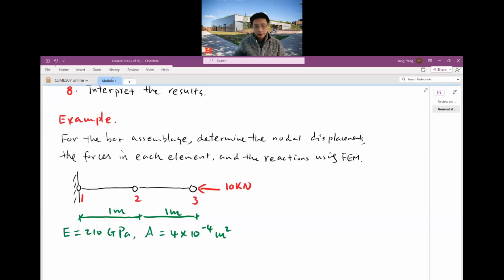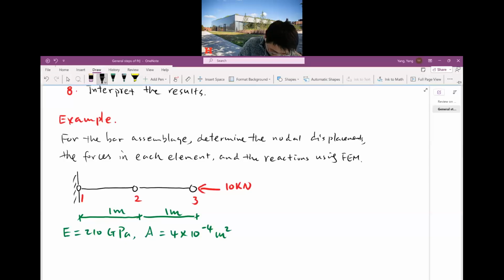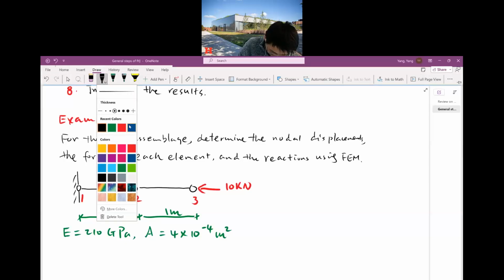I believe everybody can quickly solve the reaction force at node 1. If you are given a 10 kilonewton load at node 3, the reaction force at node 1 should be 10 kilonewton, and the forces in elements 1 and 2 are the same as the 10 kilonewton here.